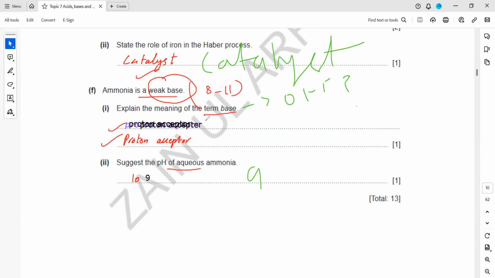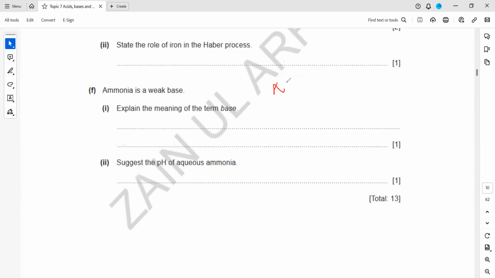So the term base, it's a proton acceptor, or base has a different definition, that it is an OH ion donor. If you write base is an OH ion or hydroxide donor, this definition is not valid in all conditions. For example, NH3 cannot donate OH, so I cannot apply that definition. If it is reacting with HCl, it will form ammonium ion plus chloride ion.